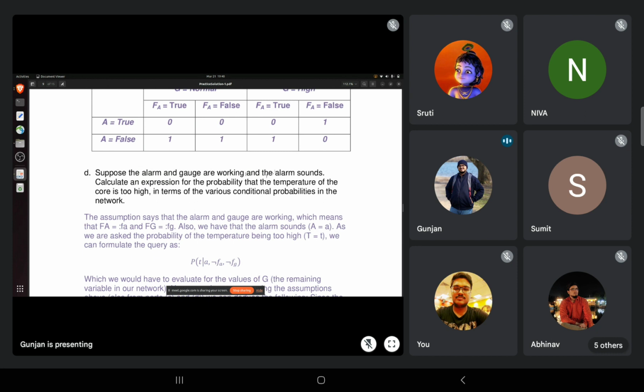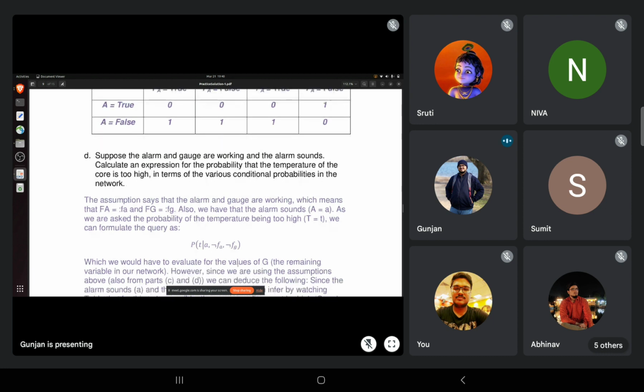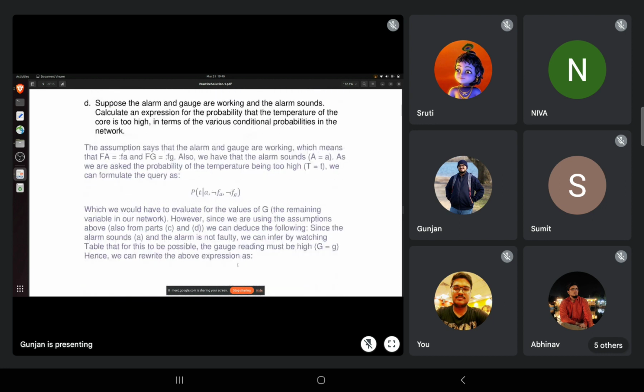And alarm sounds means A is true, and you have to calculate an expression for the probability that the temperature of the core is too high. That is why the alarm went on, right? So you can write it as P of T given A, comma not FA, comma not FG. Is this clear how we got this expression?